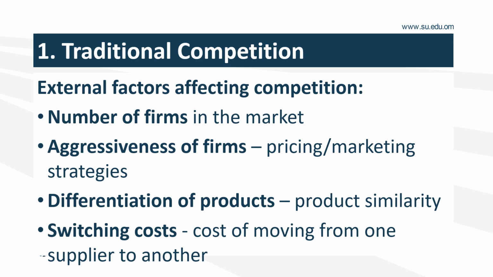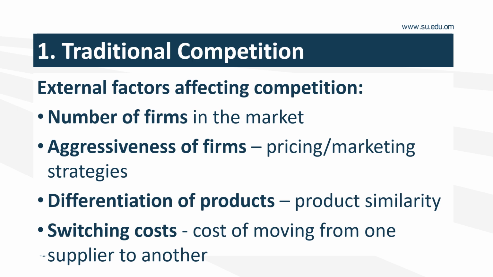Okay, so here we can find out that there are external factors affecting competition. First is the number of firms in the market, the number of firms that have the same product and the same services. The aggressiveness of firms, meaning that maybe they compete on price, or there is aggressive marketing of the products, so we categorize it under aggressiveness of firms.